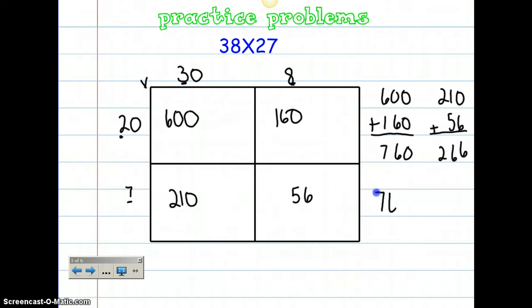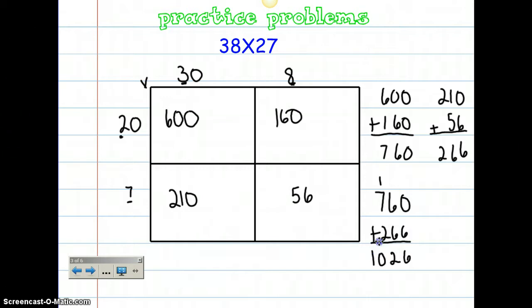So I'm going to take 760 plus 266. So, 6 plus 0, 6. 6 plus 6, 12. I'm going to carry the 1. 7 plus 2 plus 1 is 10.